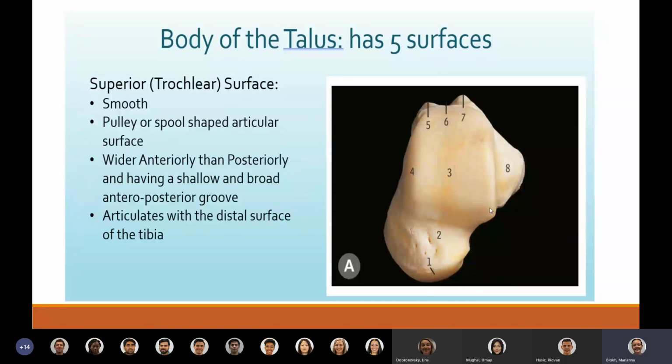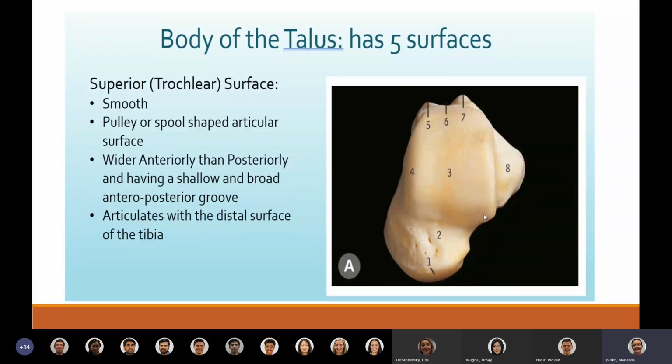You feel like your foot is locked in by the ankle joint, which is what is actually happening because of the wider anterior bone structure of the superior surface of the talus. That leaves less wiggle room for you to move when you're in a fully dorsiflexed position at the ankle joint.